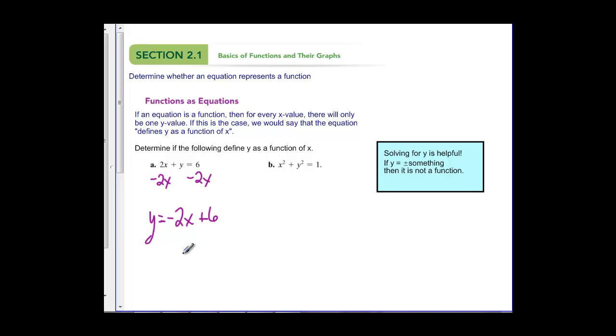Well, if we were to square stuff, but then that's not the same function. What does this look like if you were to graph it? Yeah, it's y equals mx plus b. It's a line. If you have a line, anytime you have an x, you always get one y out, just one. So this one's going to be a function.